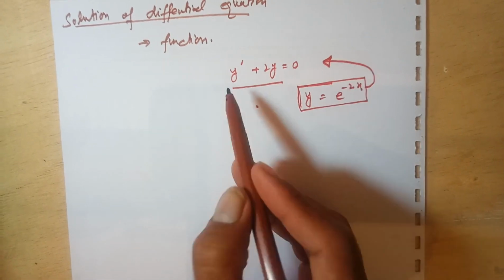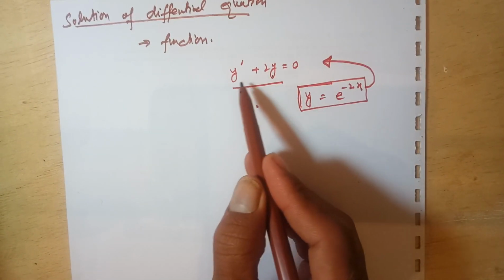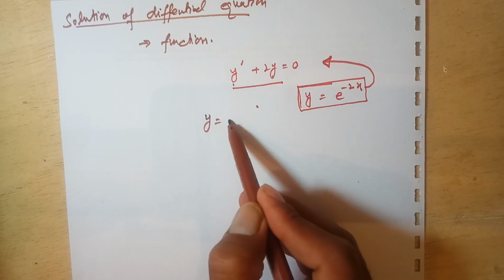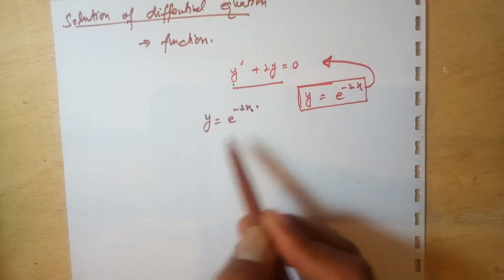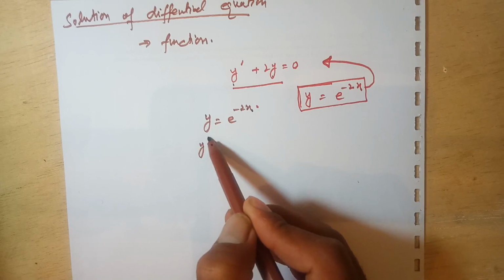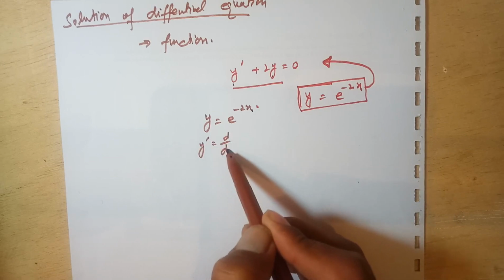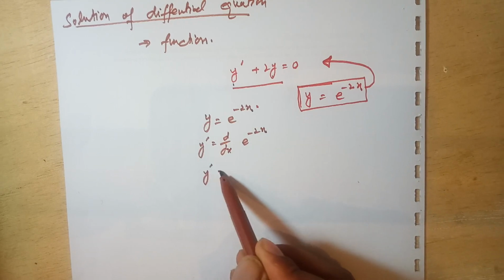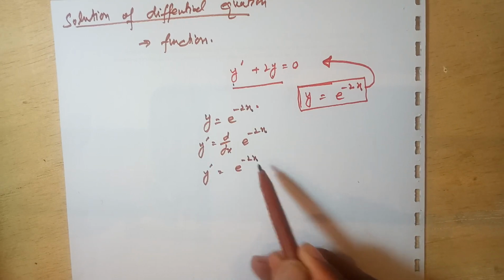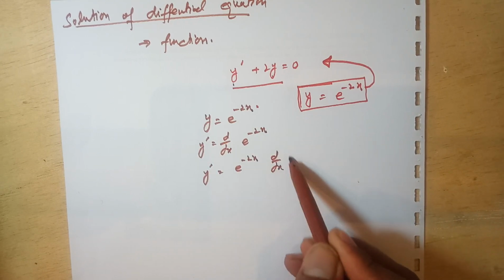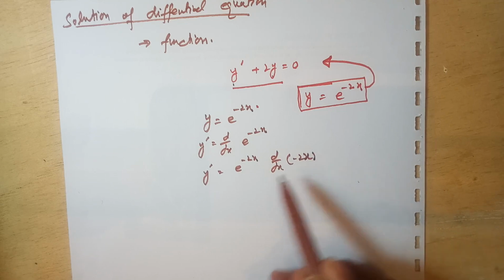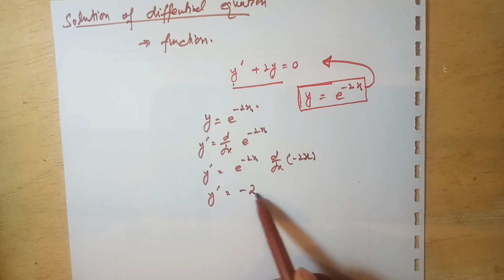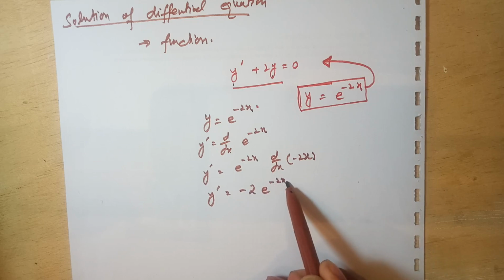In my differential equation, here is y and its first derivative. So take y is equal to e power minus 2x, and my y prime is basically d by dx of e power minus 2x. So y prime will be e power minus 2x times the derivative of minus 2x. So my y prime is equal to minus 2 into e power minus 2x.